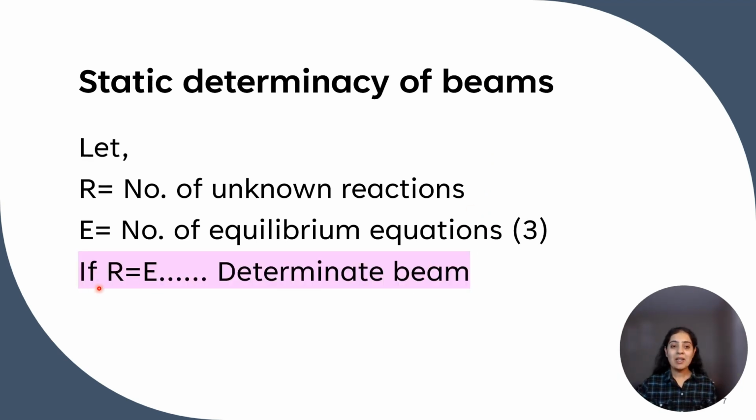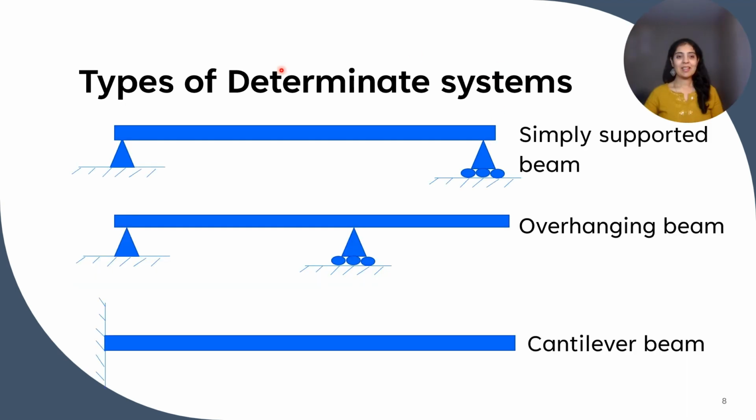If R is equal to E, then it is a determinate beam. These are some examples of determinate systems: overhanging beam, cantilever beam. Can you verify whether these systems are determinate or not?